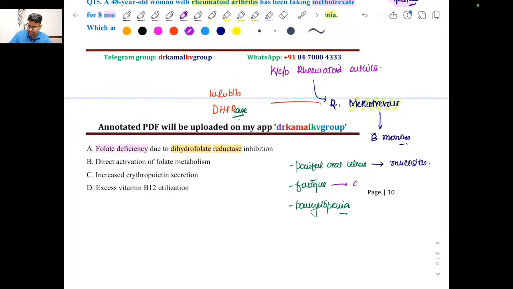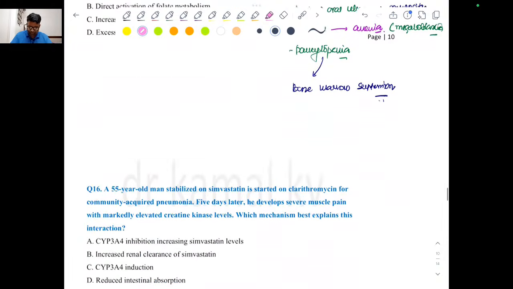Fatigue suggests development of anemia, and you can say it is megaloblastic anemia. And pancytopenia can be because of bone marrow suppression. Clear? So, that is how you can discuss the adverse effect profile of methotrexate, which acts by inhibiting dihydrofolate reductase enzyme.